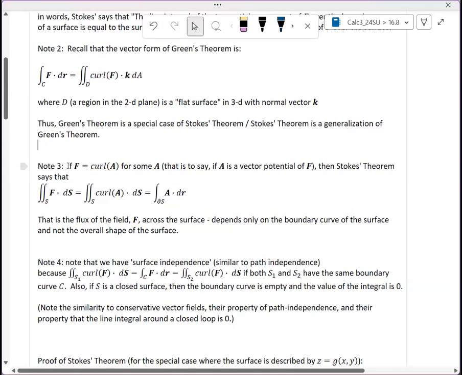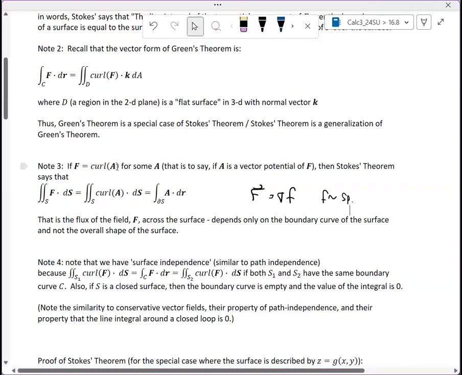A third note. If we have some vector field A, and if we have another vector field F that happens to be the curl of A, so if these two vector fields F and A are related by F equals curl A, that's kind of like vector field F being the derivative of A. Remember, we had a similar idea where we said if F is grad little f, we call f a scalar potential.